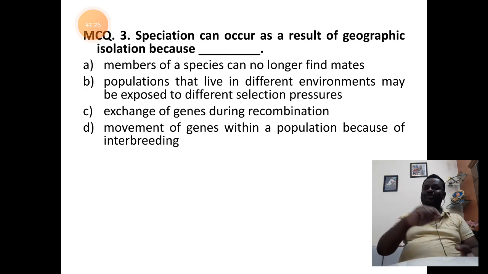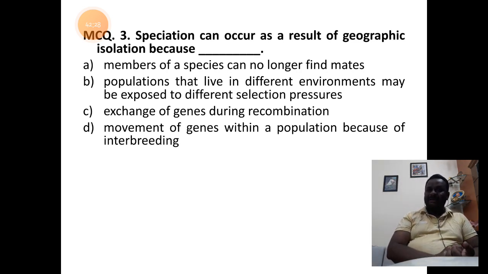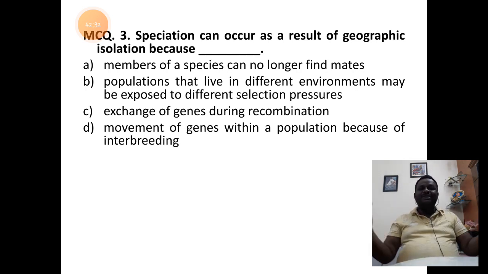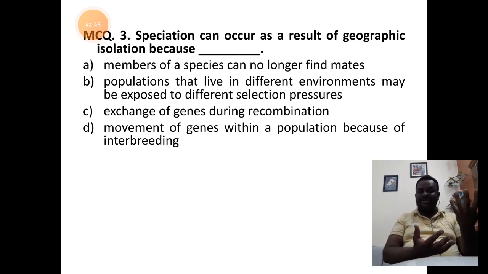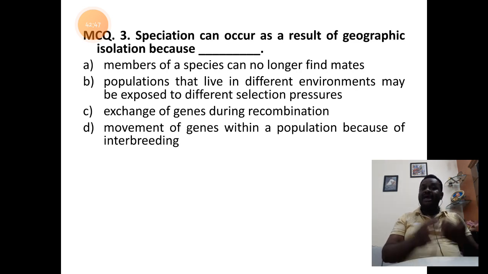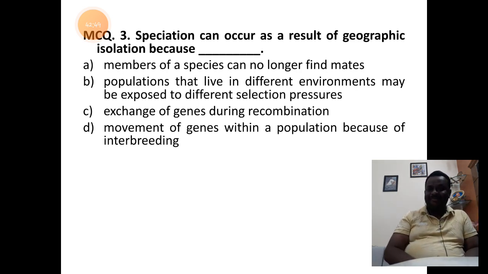This point is correct because in geographical isolation, the populations will divide into subgroups and be exposed to different environments. And there, they further get exposed to different selective pressures of genetic drift, mutations, genetic variations, etc. And that brings in the speciation there.